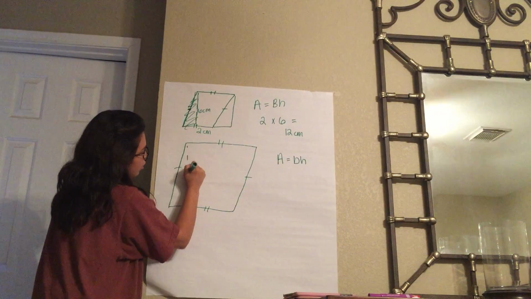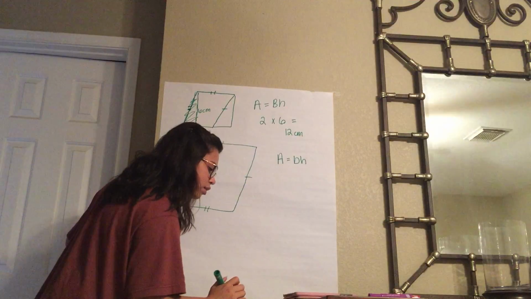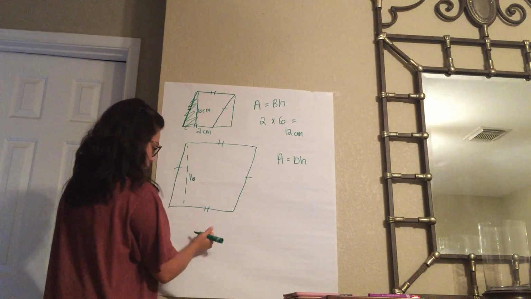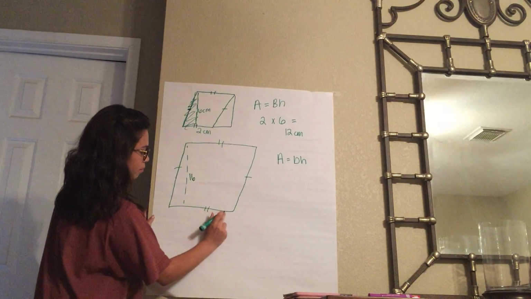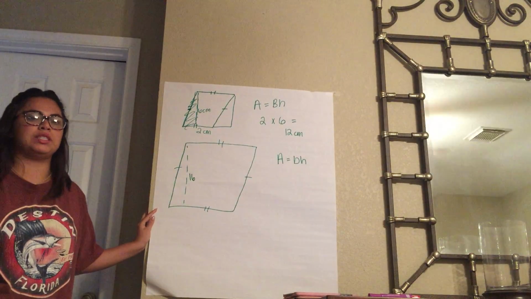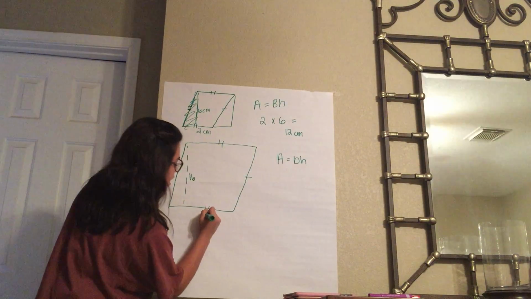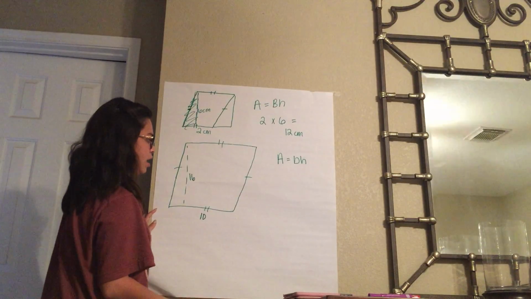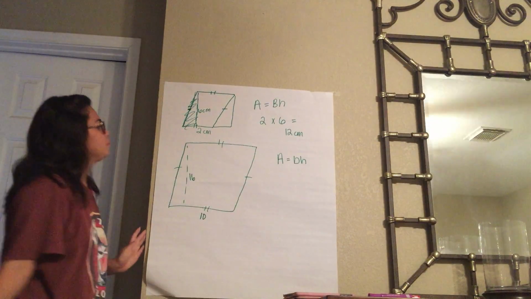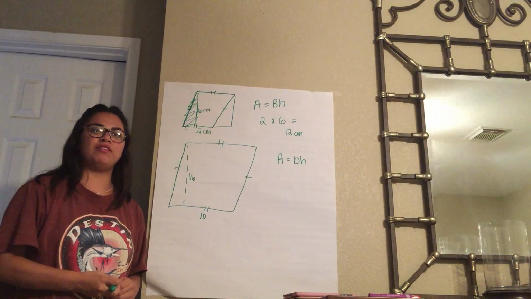And we're going to make our height 16. And then we're going to make our base, someone shout a number to me. 10? Alright, 10. And we won't use any measurements for this one. And then I'll give y'all a few minutes to try and figure that out and let me know if y'all have any trouble.